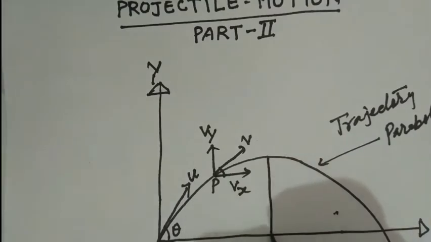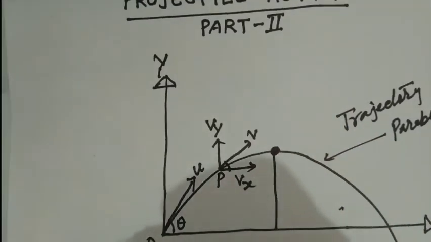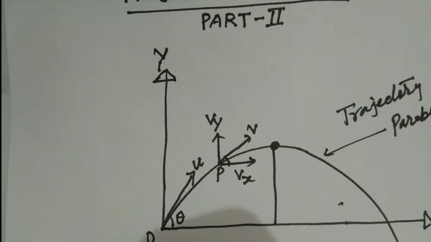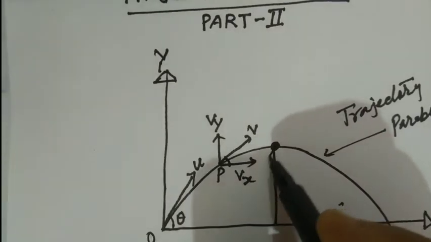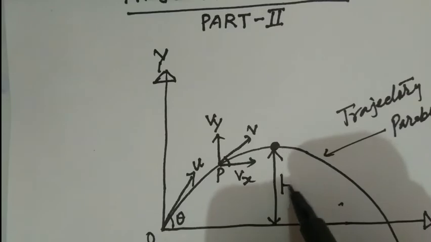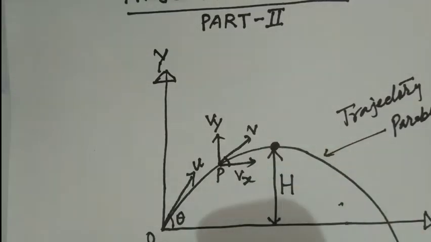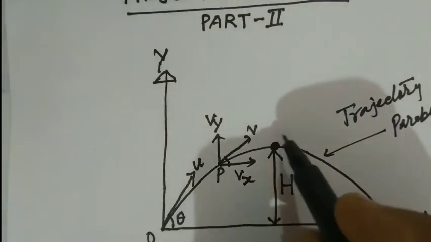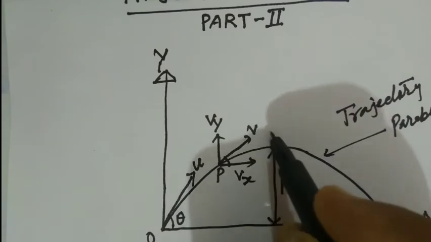At the top, when it reaches some height, after that due to the force of gravity, this motion occurs under the force of gravity. So after some time it reaches maximum height and then returns back. Supposing it reaches maximum height h at position m.